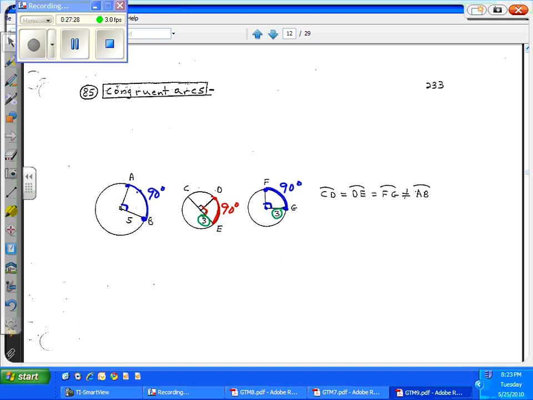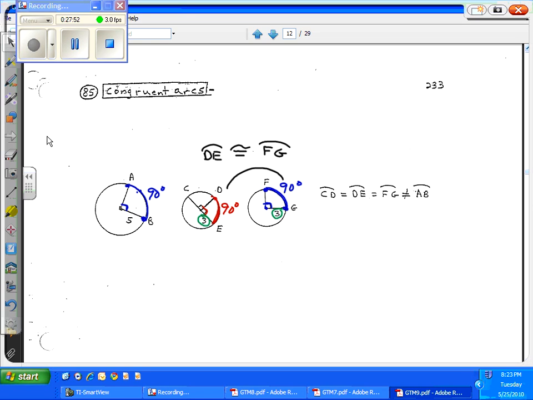Well, in that situation, these two arcs are congruent. We can say that arc DE is congruent to arc FG because not only are they the same measure, they came from circles that are the same size.